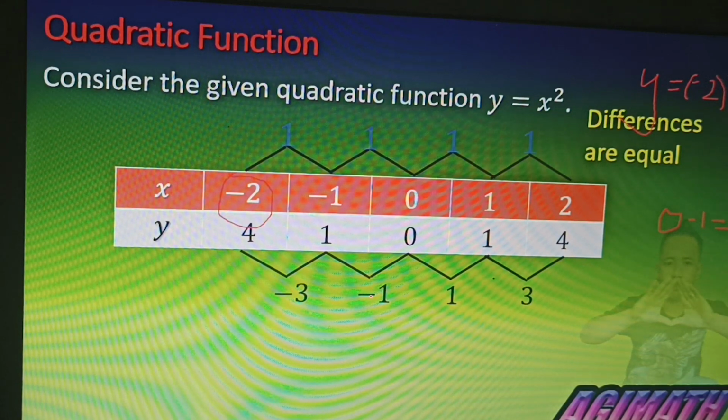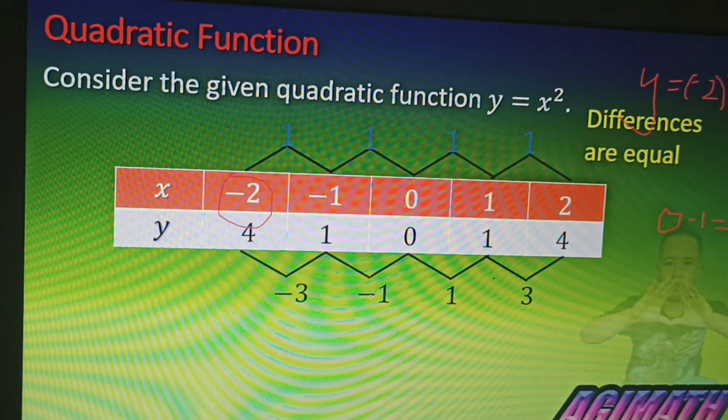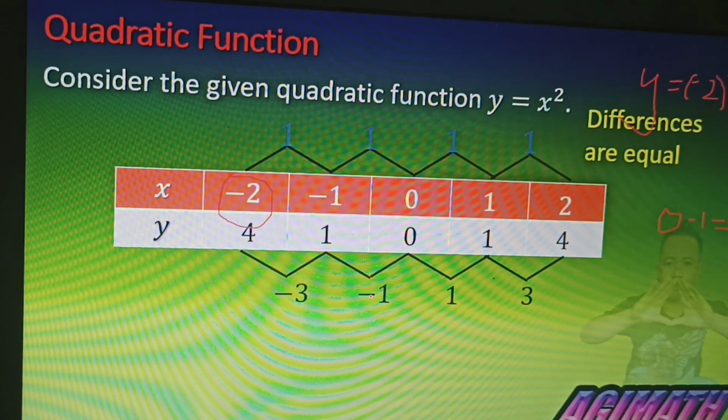The operation on integers. Now, what do you observe? Observation, the differences is very clear. They are not equal. 3 is different from 1, 1 is different from negative 1, negative 1 is different from negative 3. But there's a saying that you give a second chance.